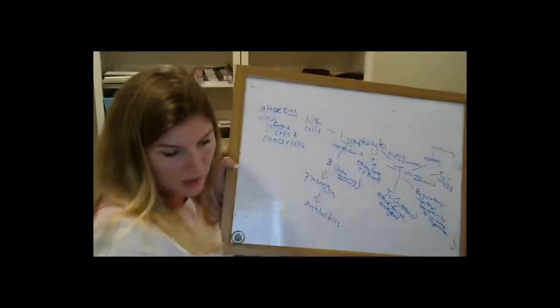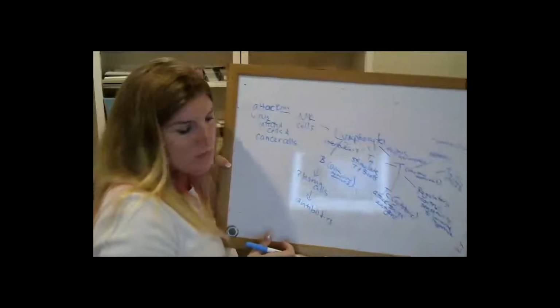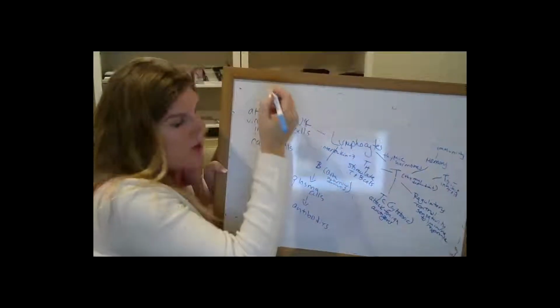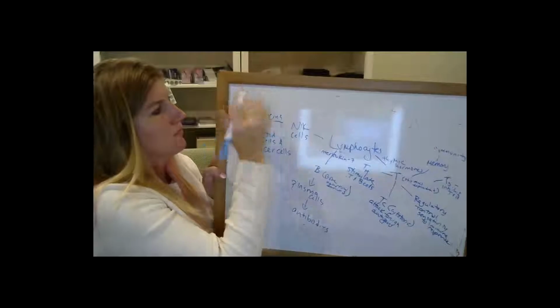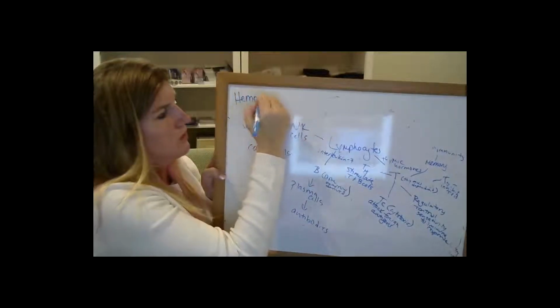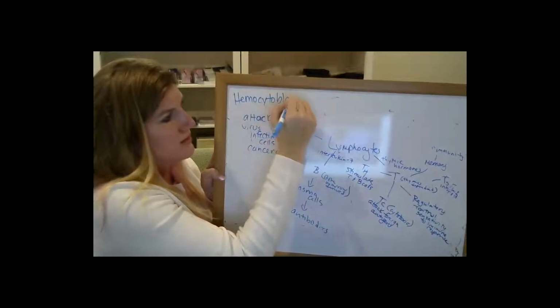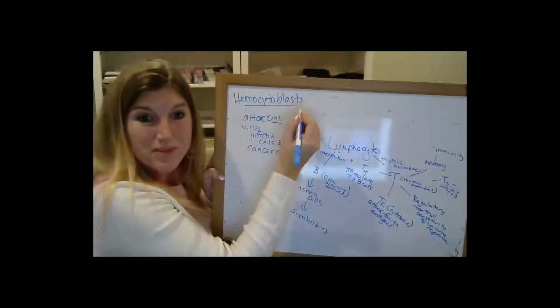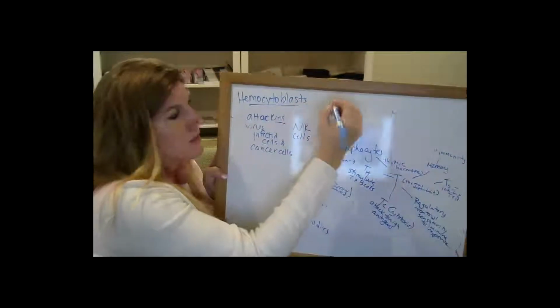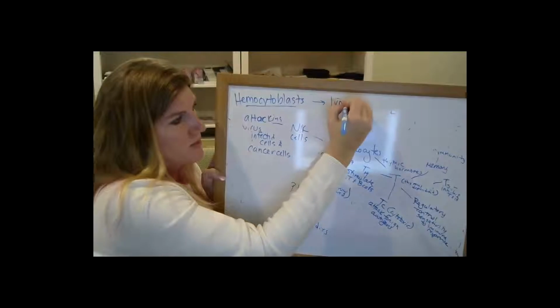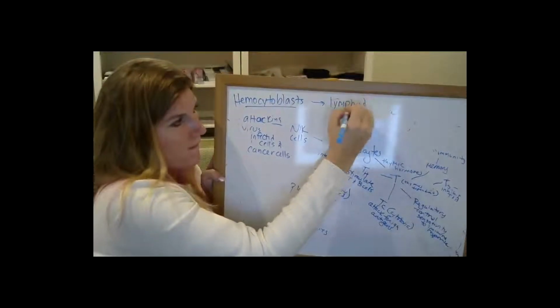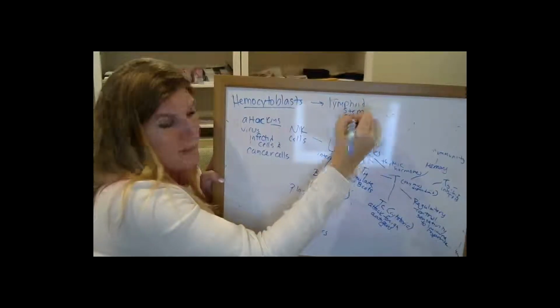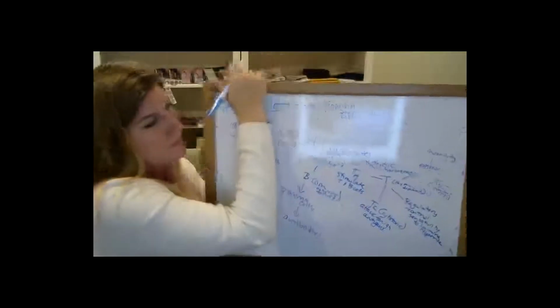So, just a quick flow chart. You have the hemocytoblasts, right? Those are the stem cells in the bone marrow. These can differentiate into the lymphoid stem cells. This is all in the bone marrow.